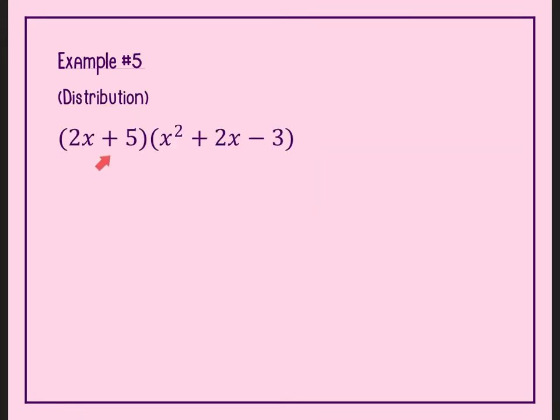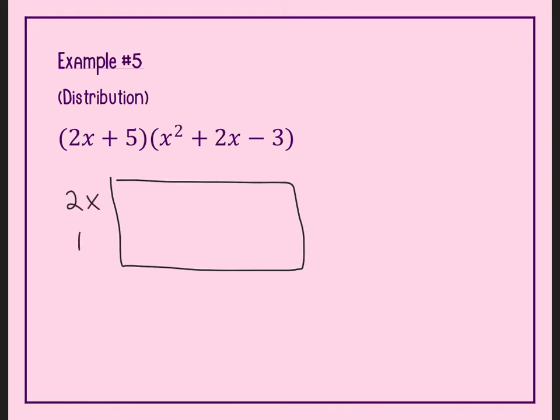So in this case, I have 2 terms times 3 terms. I should have 6 boxes, and every box is going to have a number in it. So I have 2x plus 5. There's my 2 boxes. And I'm going to have x squared plus 2x minus 3.